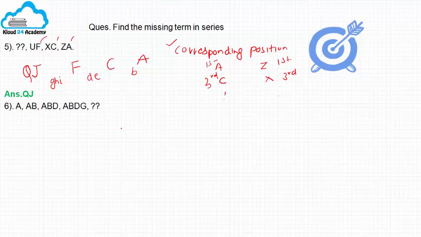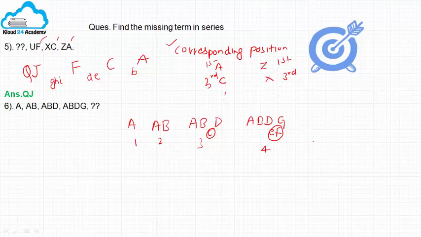Question number 6. A, AB, ABD, ABDG, question mark. So there is a pattern. A, now 2 alphabets AB, now 3 alphabets A, B, but they have missed C here. They have written D. Then 4 alphabets A, B, D, G. So which alphabet they have missed here? E and F. 2 alphabets they have missed here.